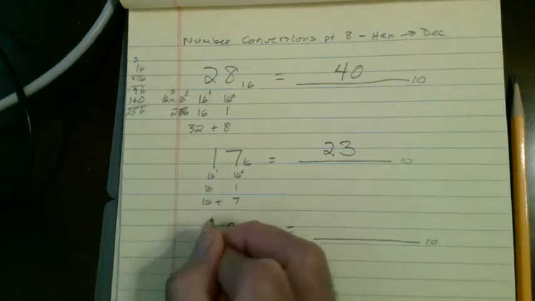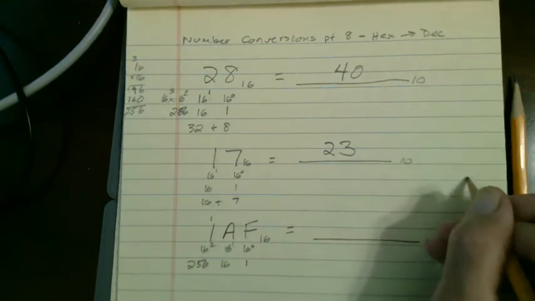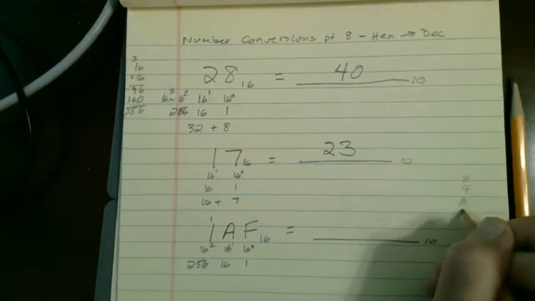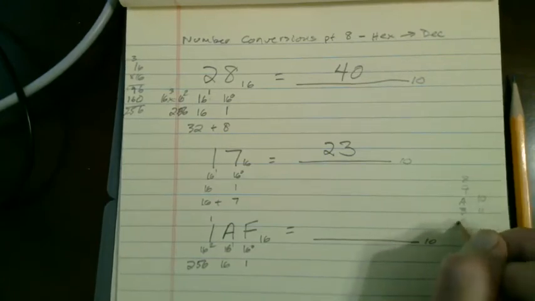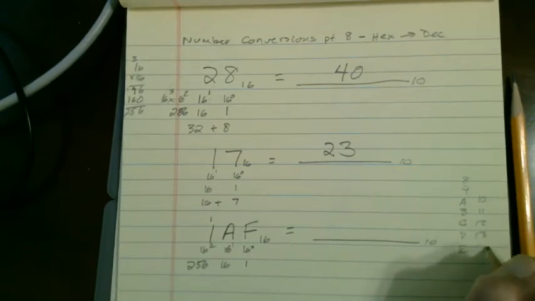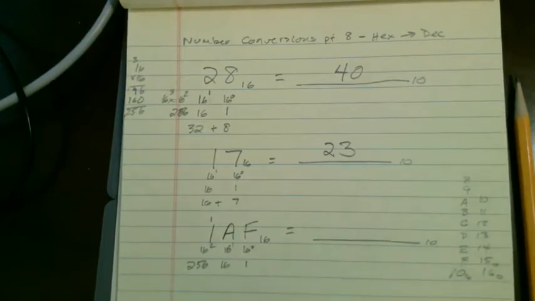But then I have to figure out, well, I know what 1 is. 1 is 1. A is, well, we had 8, 9, the quantity 10 was A, 11 was B, C is 12, D is 13, E is 14, F is 15, and 10 base 16 is the same as 16 base 10.